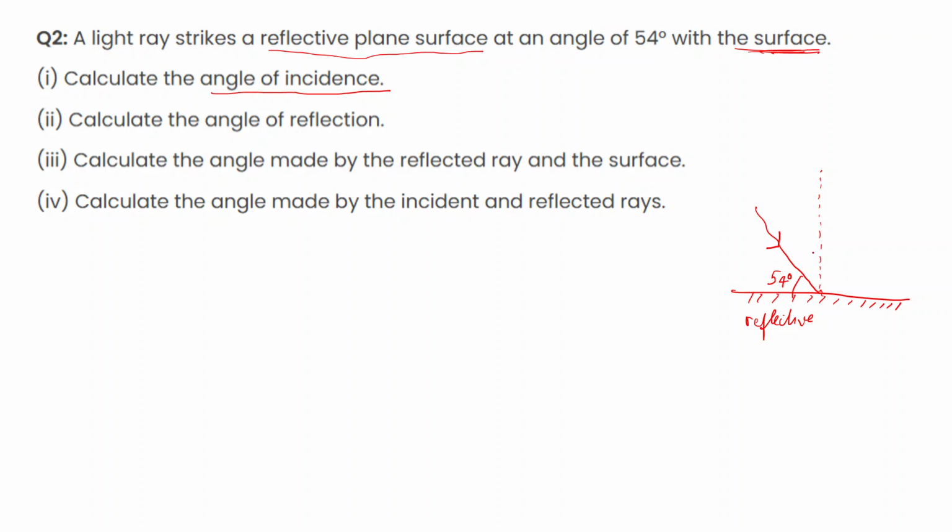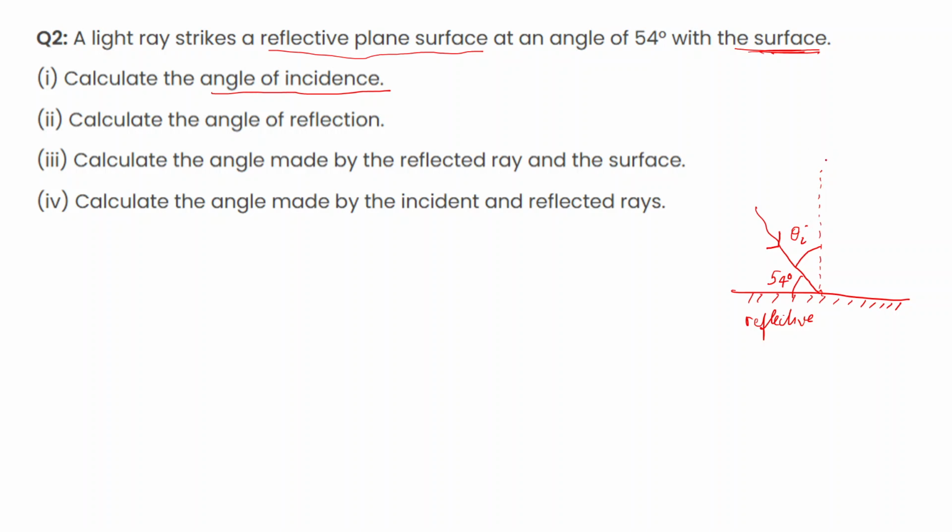Now the angle of incidence we consider from this imaginary normal to the incident ray. Here the angle information is given between the reflective surface and the incident ray, but the angle of incidence is the angle between this normal and the incident ray. So this is our incidence angle.